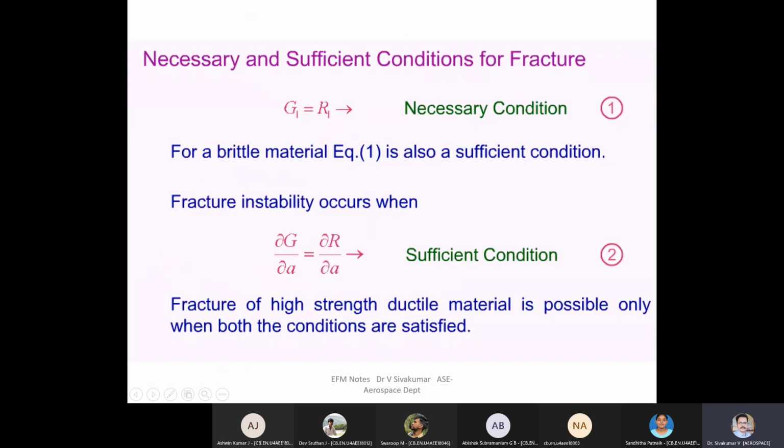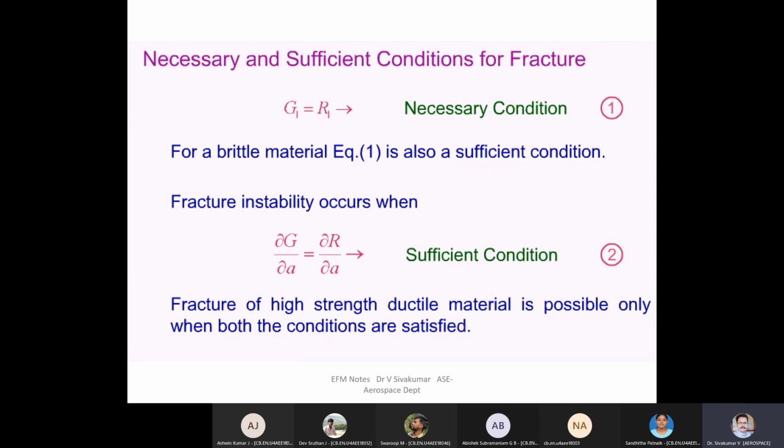Now, when will the failure really start? Because the loads are acting, there will be a resistance by the material.